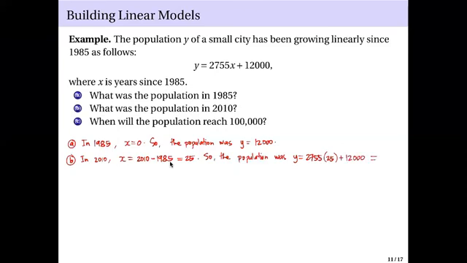And calculate this. We have 80,875. Okay? Questions so far?